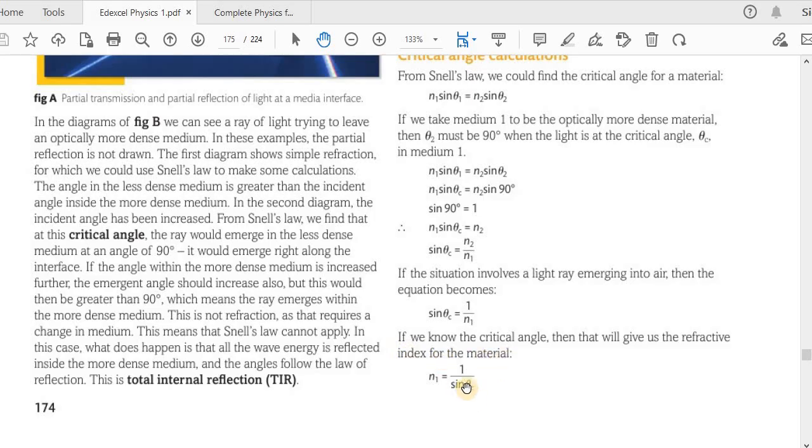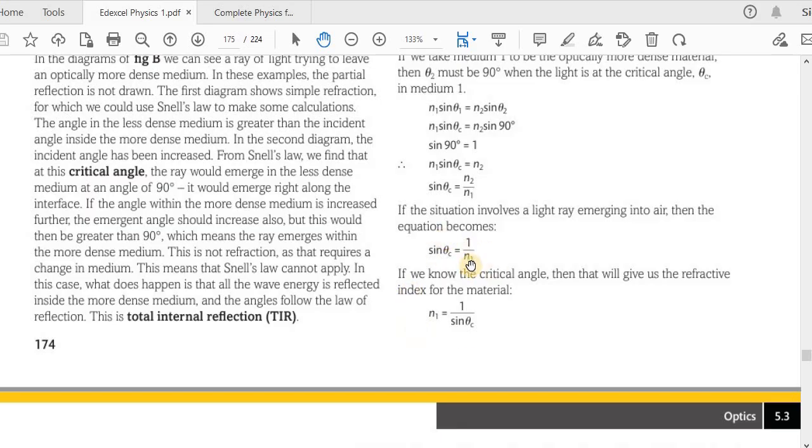So if we know the critical angle of a certain material and we assume the surrounding is air, then we can find the refractive index.